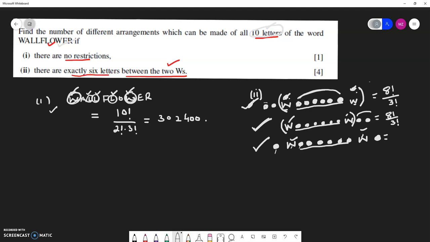Similarly, in the third case, the answer remains the same: 8 factorial divided by 3 factorial.